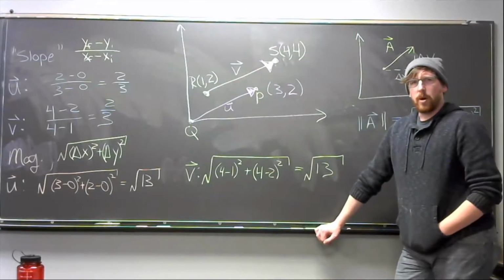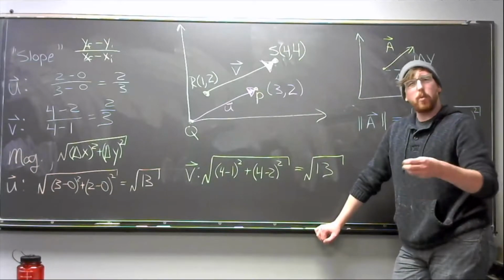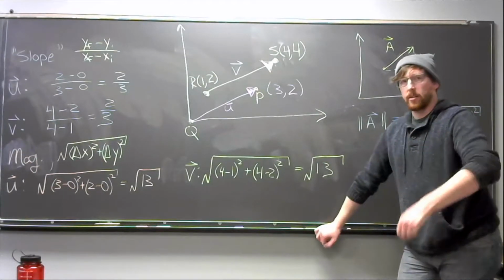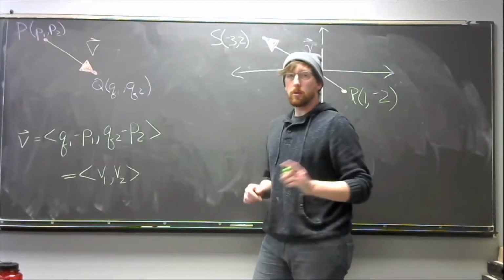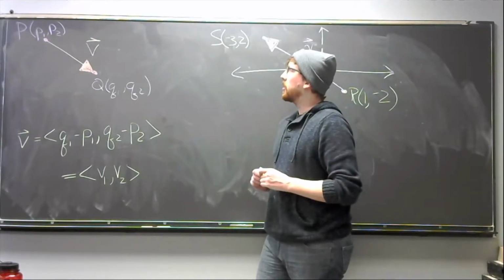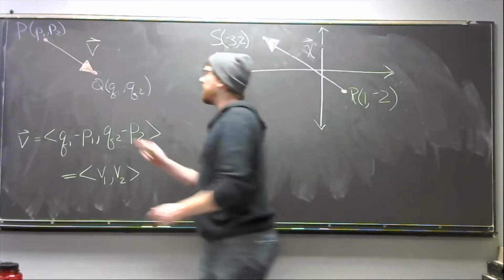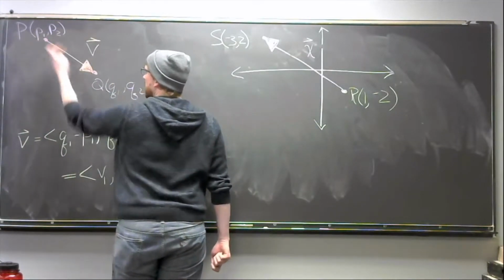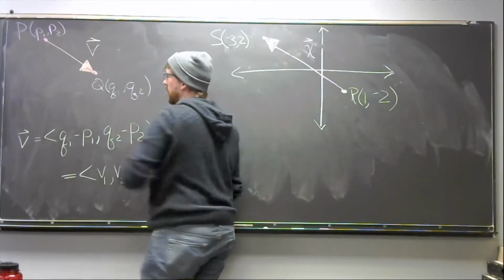Still haven't answered the question though of how we show these things, how we write them mathematically. So let's look at that next. So two other names for the ends of vectors are the initial point and the terminal point.